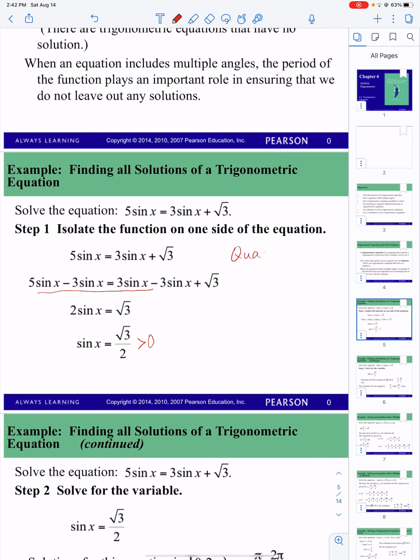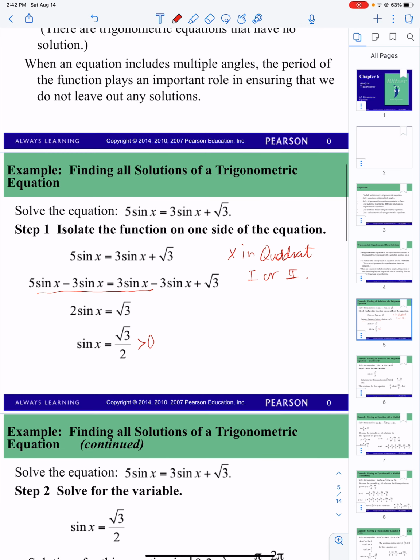Sine is positive, so which quadrant is this angle in? x can be in quadrant 1 or 2, because of A, S, T, C. So this is the first thing: you have to decide which quadrant this angle is in. The second thing is, what will be the reference angle?